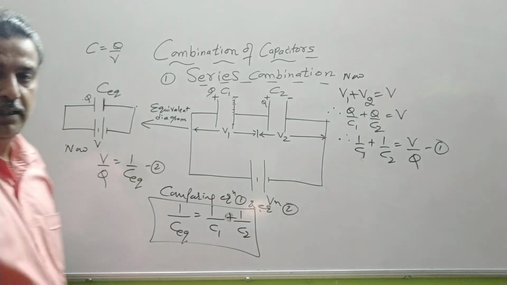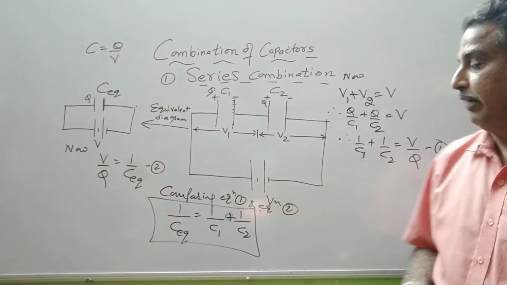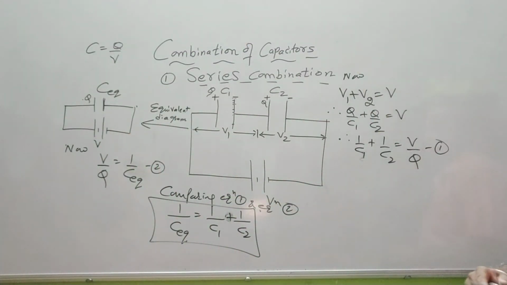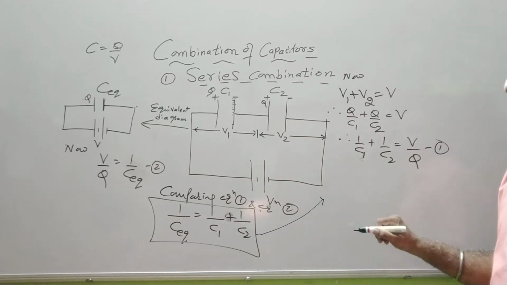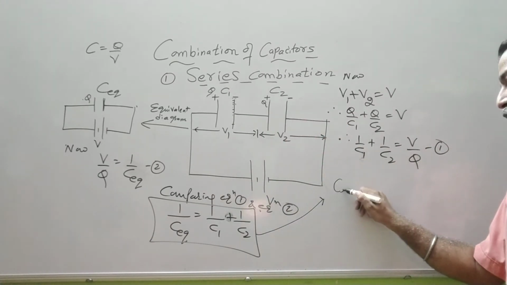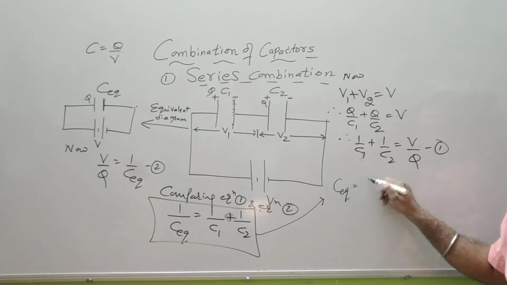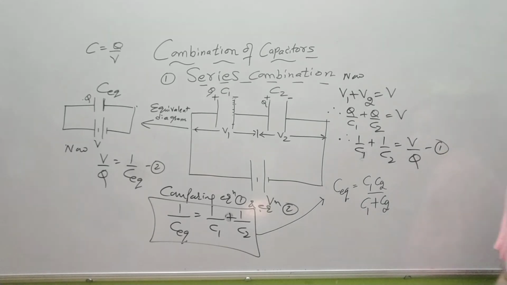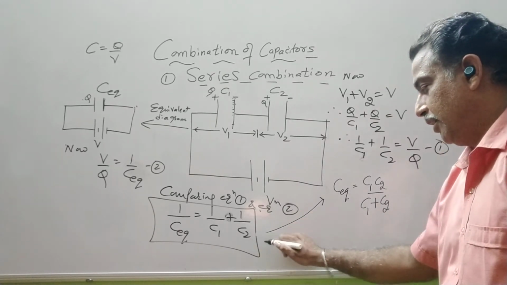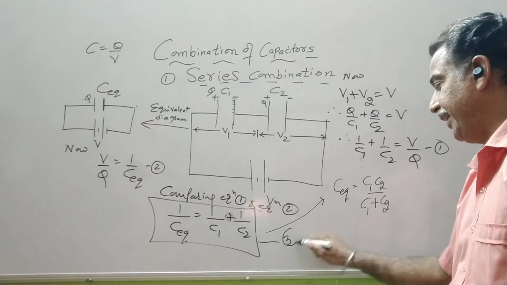So this is the equivalent capacitance of the two capacitors. Alternatively, if there are only two capacitors, I can write C equivalent is equal to C1 C2 upon C1 plus C2. This is our final result, equation number 3.